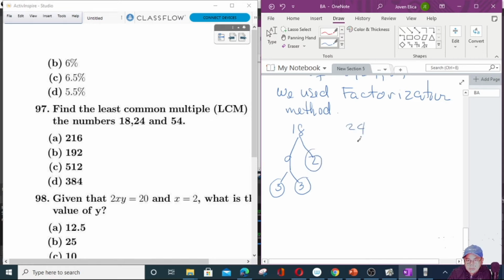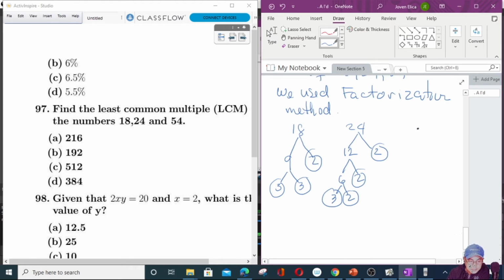And 24: 12 times 2 is 24, and then we have 6 times 2, and then we have 3 times 2. So this is already prime factors.